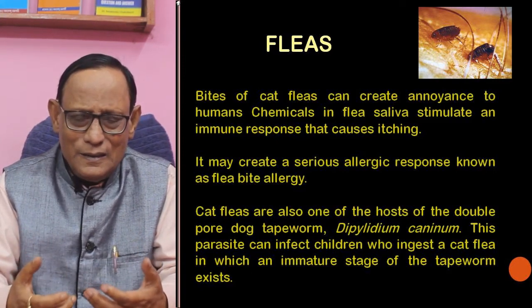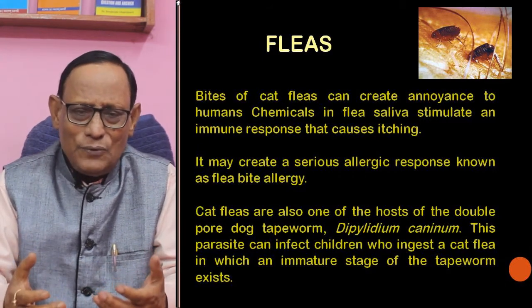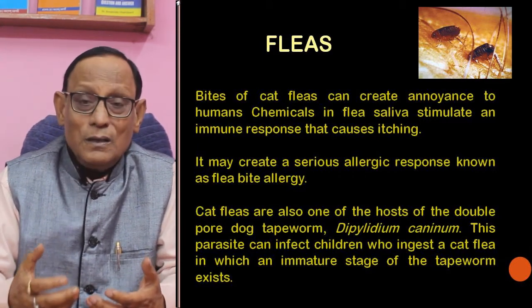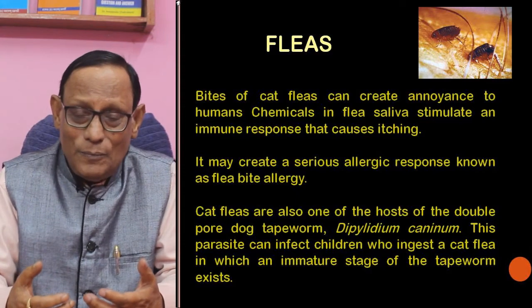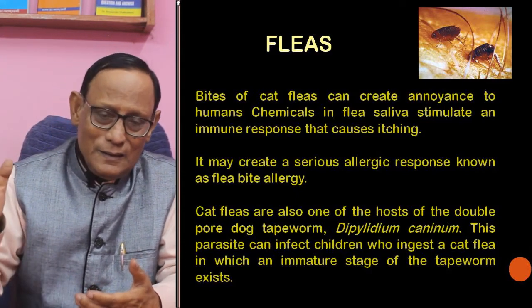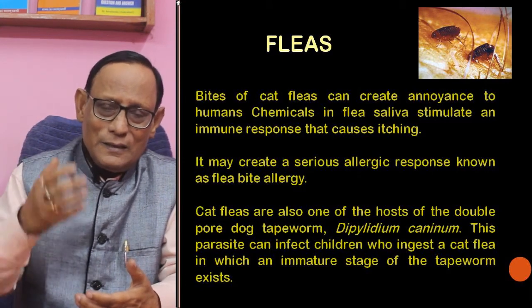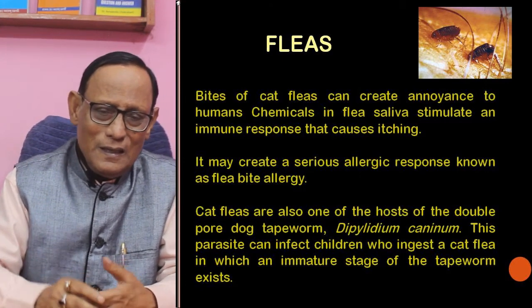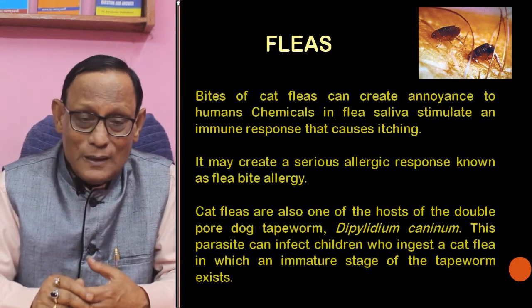So if you want to avoid flea allergy dermatitis, in that case, the removal of the cat from that area or removal of the flea population from the cat is mandatory. Otherwise, flea allergy dermatitis will continue to exist and create problems.